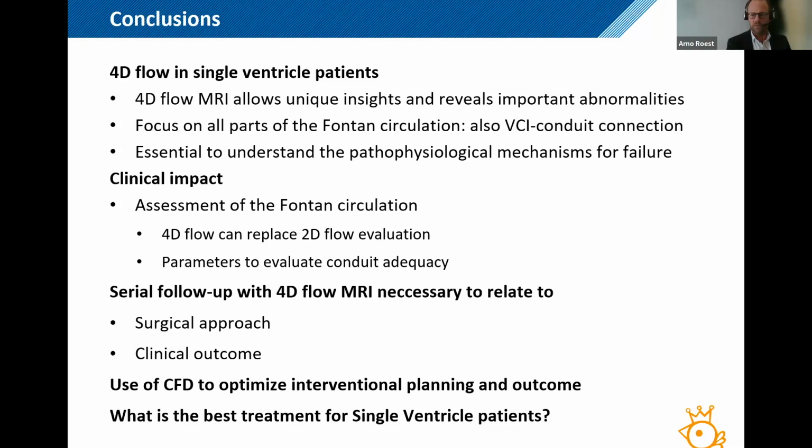And I think we need more 4D flow research for serial follow-up, also using computational fluid dynamics, and really have to dive into what the best treatment strategy is for those single ventricle patients, because we can already be sure that the smaller the conduit, the bigger the liver problems, the bigger the renal problems, and we really have to do something about that and think about better treatment strategies for these patients.